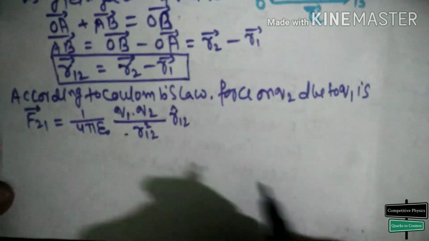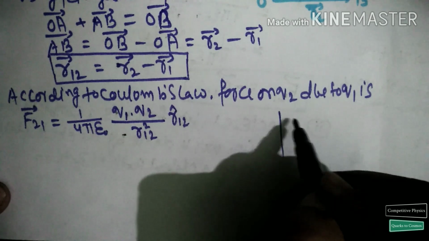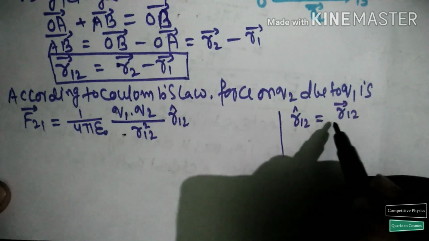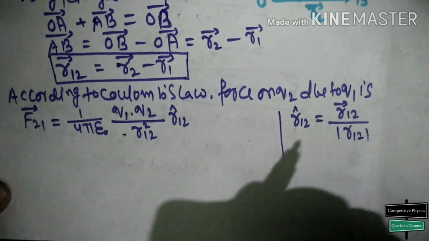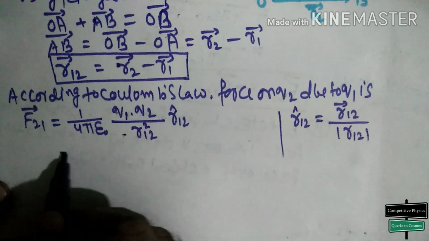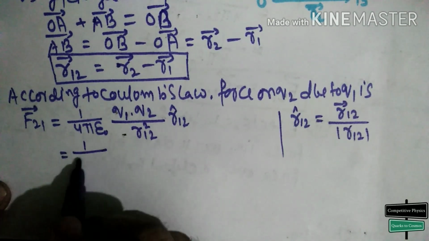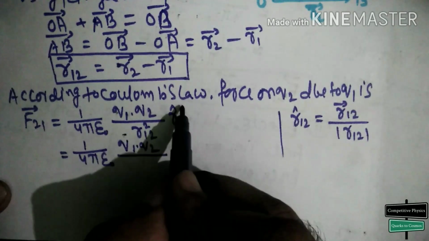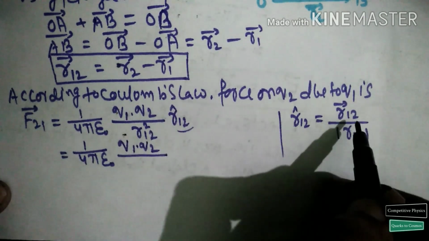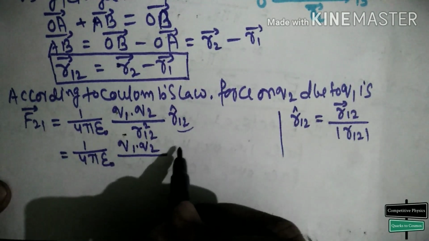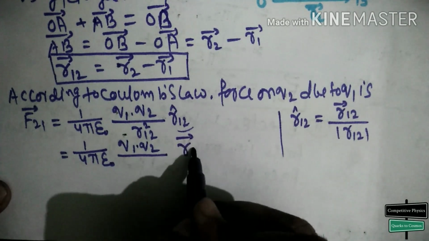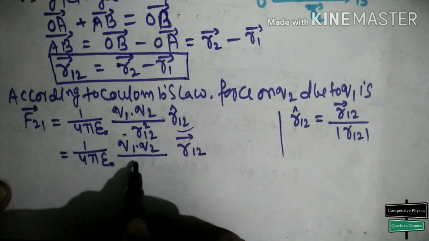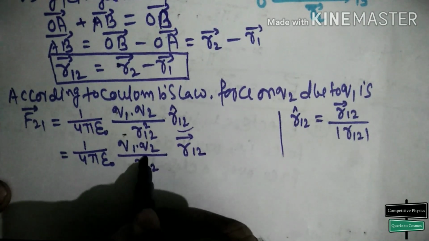And you know that r12 cap can be written as r12 upon its mod r12. So if you substitute this here, it becomes r12, and in the denominator you have the mod, so this mod and this r12 square will become r12 cube.